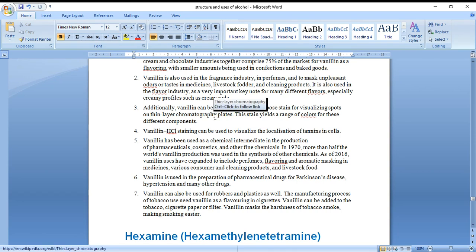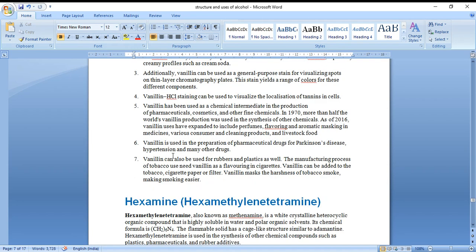In order to visualize those spots, we generally use vanillin. When you spray the vanillin on those spots, they will be easily visible to us, and we will get some colors. And this vanillin HCl is also used as a stain for the localization of tannins in cells.